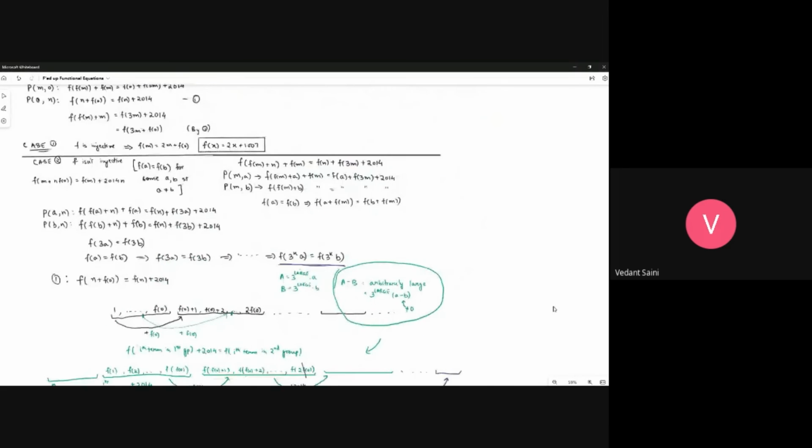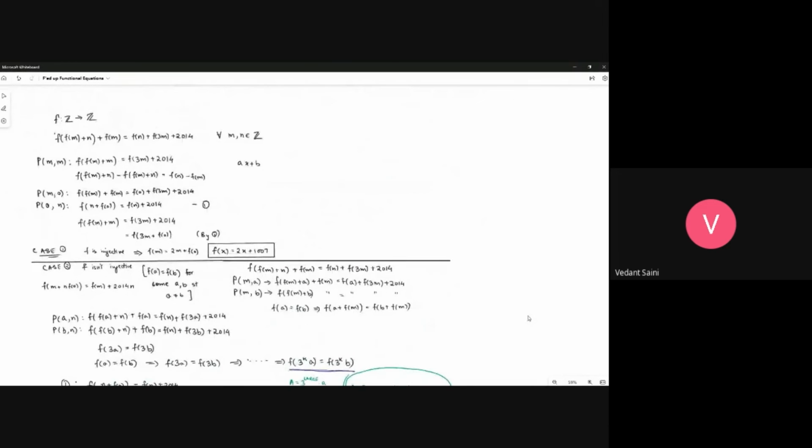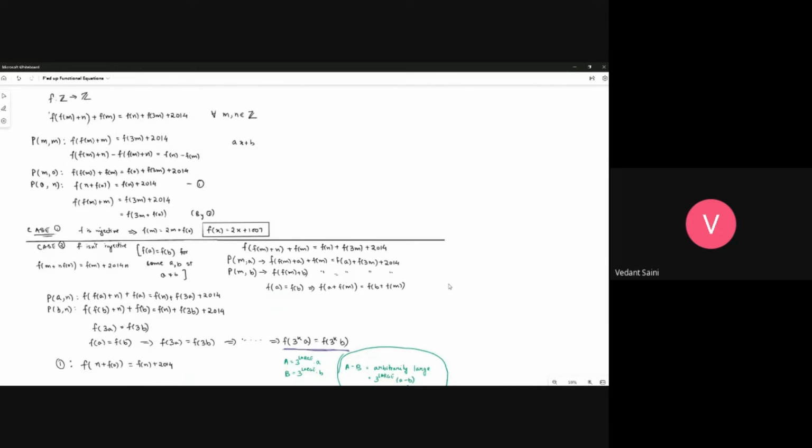I like these problems because you get non-standard solutions. A standard functional equation just involves plugging things in, but this requires some thinking. Any doubts? Please feel free to ask.